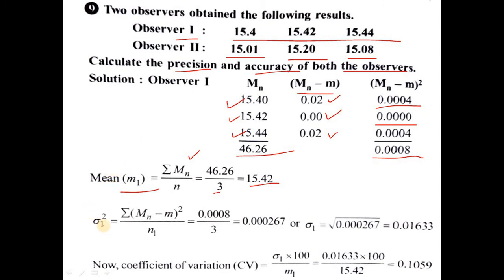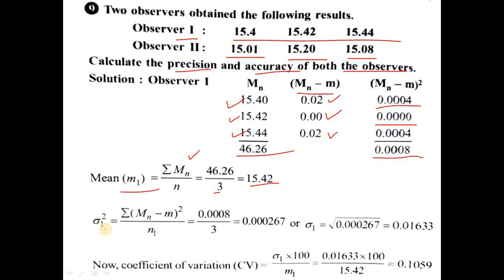Then when we take sigma square, that is standard deviation square, we know that the standard deviation is the square root of (Mn minus M) square divided by n minus 1.